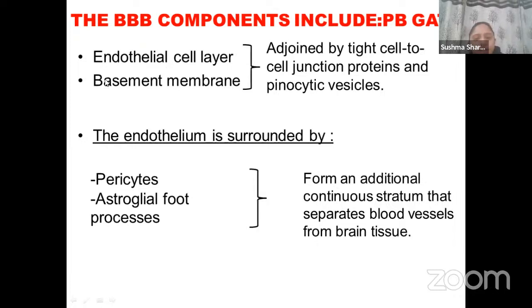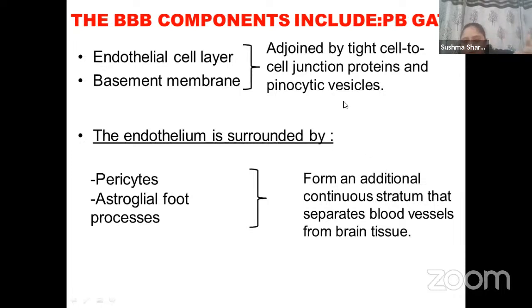Now we have the endothelial layer and the basement membrane, which are adjoined by the tight cell-to-cell junctions. Okay, endothelium is surrounded by the pericytes and the astroglial foot processes. These are the layers which will have very tight cell to cell junctions, so nothing will pass through this.